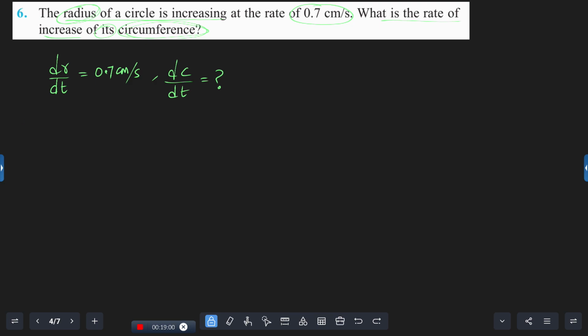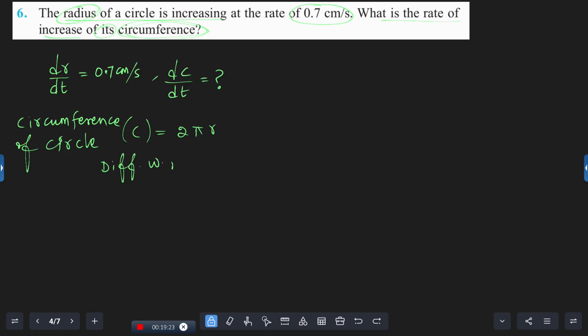Circumference of a circle, that is C, which is equal to 2 pi r. Yes, r power 1 we have, so when you differentiate, it will become 1. Right, children? Now differentiate with respect to what? T. Very good.